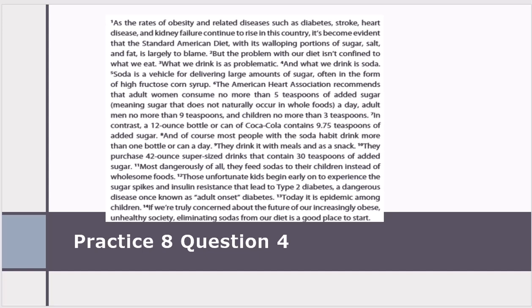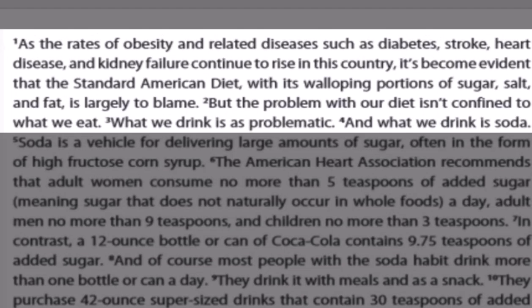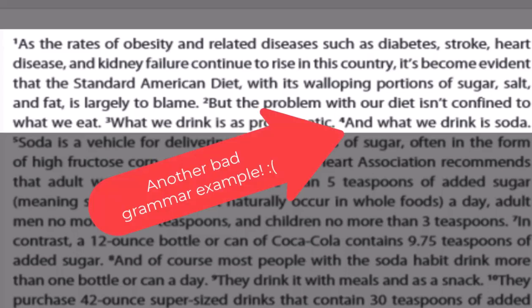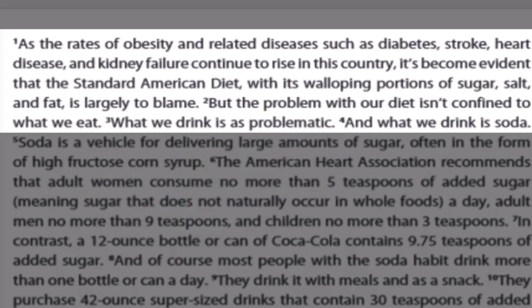In this case, you do still want to look for the most general sentence. This paragraph is structured with a number of introductory details. Sentences 1 to 4 are all introductions, giving the reader some background information about this topic.